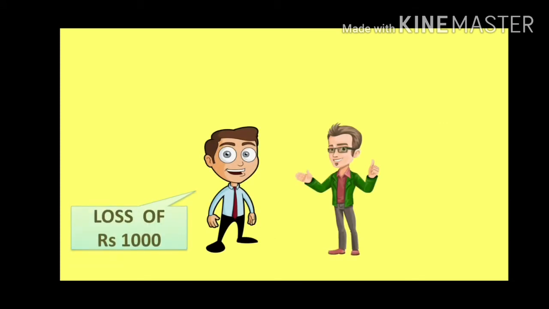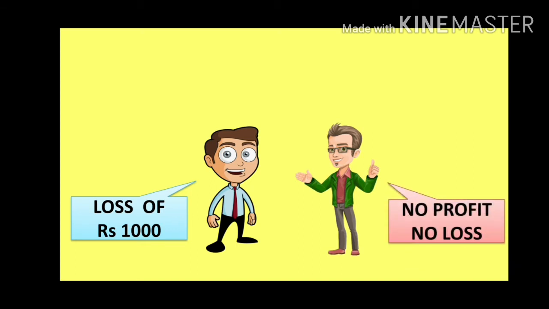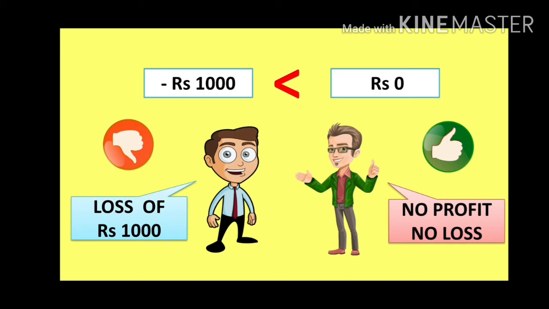Next situation, John has got a loss of 1000 rupees and Jam has got neither profit nor loss. Now let's see. Here Jam is happier than John because he has got no profit, no loss, compared to John, who has got a loss of 1000. So minus 1000 is less than 0. Although Jam has got no profit or no loss, he is still happier than John, who has got a loss of 1000.